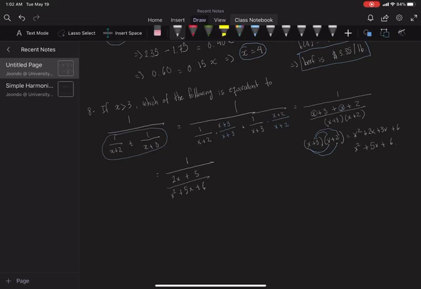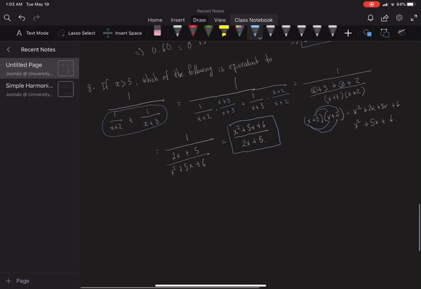We reverse the fraction, so this is the same thing as x squared plus 5x plus 6 all over 2x plus 5. And that's it for this one. That was pretty easy. Okay, so we did that one. Let's do another one.